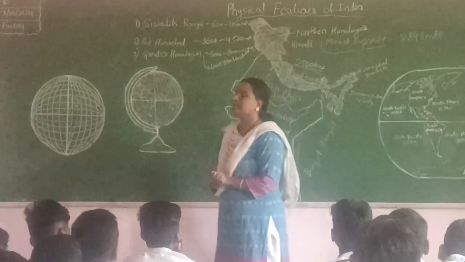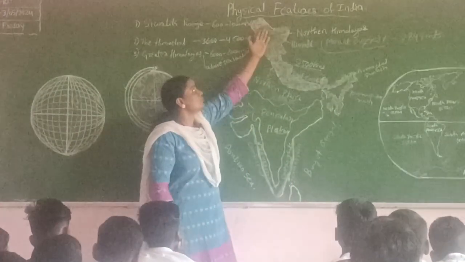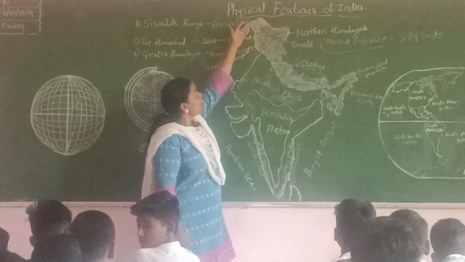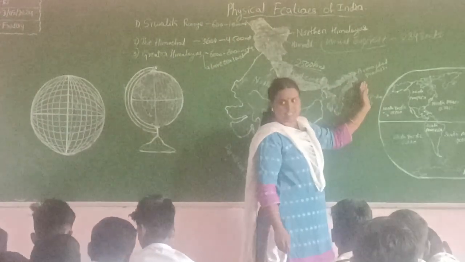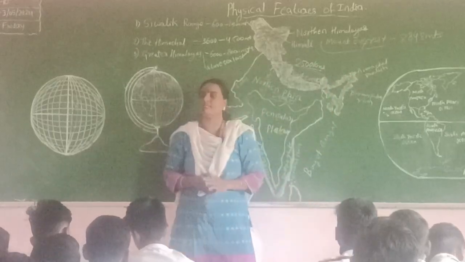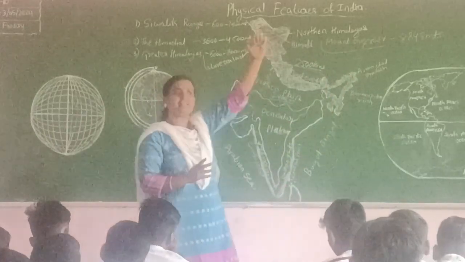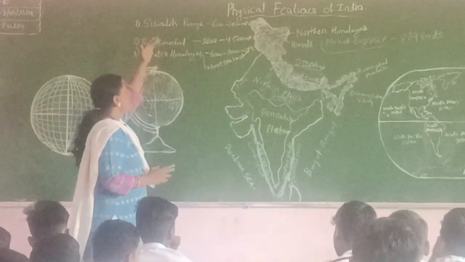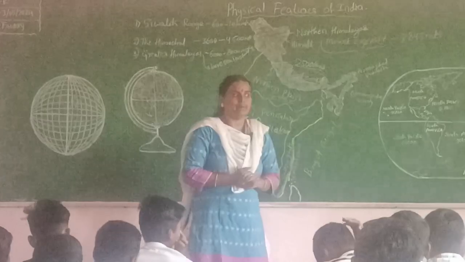And last comes the Greater Himalaya, which starts from the Pamir in the north to Arunachal Pradesh. Its length is about 2,500 kilometers. Here we can see the highest ranges of the world, from 6,000 to 8,000 meters.